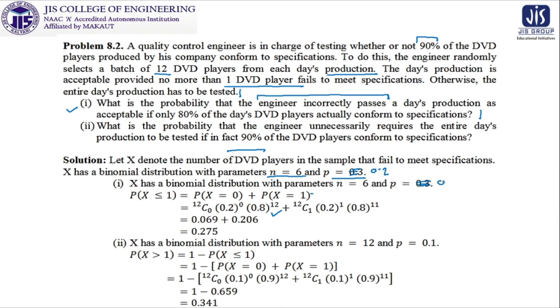So 0.2 to the power 0 and 0.8 to the power 12, plus 12C1 times 0.2 to the power 1 and 0.8 to the power 11. The calculations are not the topic of discussion. The topic of discussion is how to think that we have to calculate P when X is less than or equal to 1.